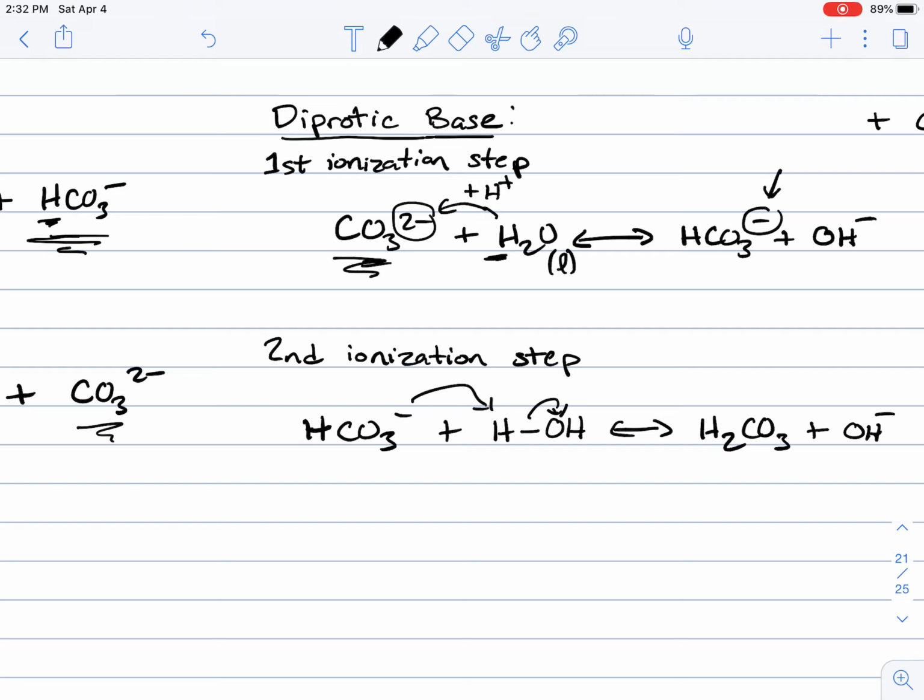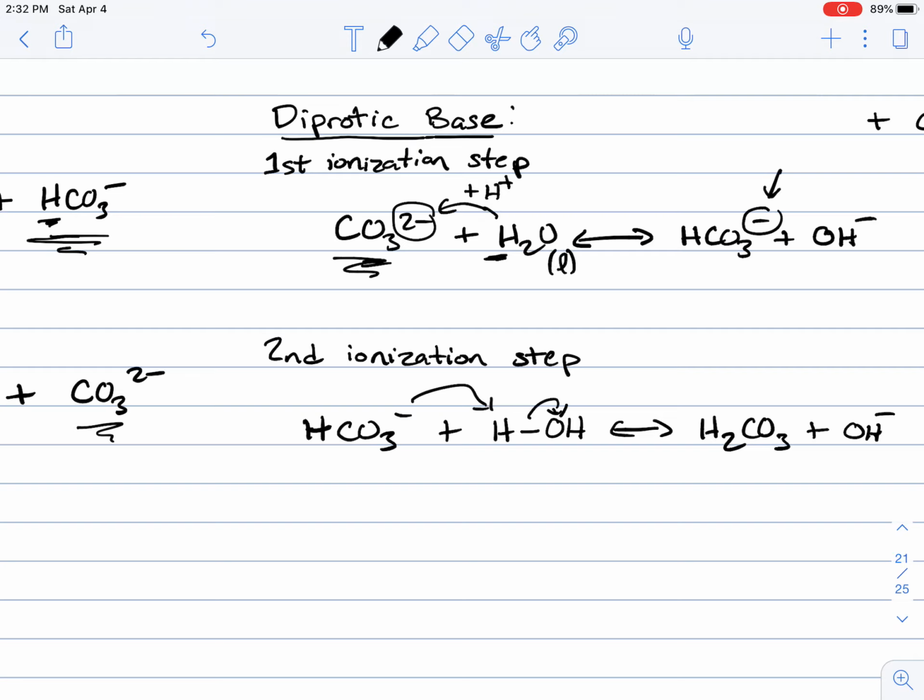And so if you look at, for example, carbonic acid. In the forward direction, carbonic acid is going to be produced by carbonate. And so when we're looking at the diprotic base, the equations on the right-hand side, carbonic acid is found here. And if we're going in reverse, if you will, bicarbonate is found on the left-hand side.